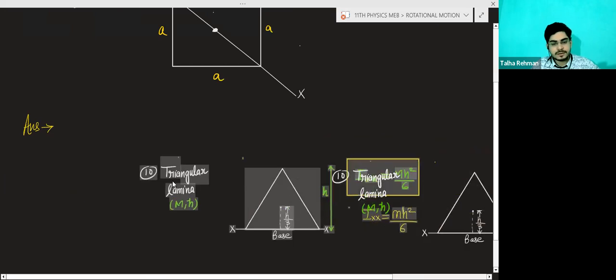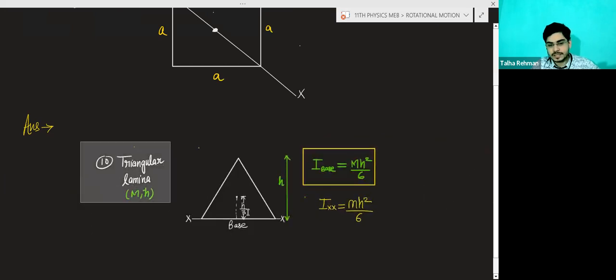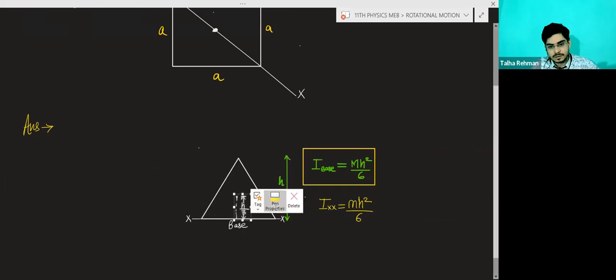If you have a triangle, and this triangle has this base, about this base the moment of inertia is the mass of the triangle times height square divided by 6, about the base.